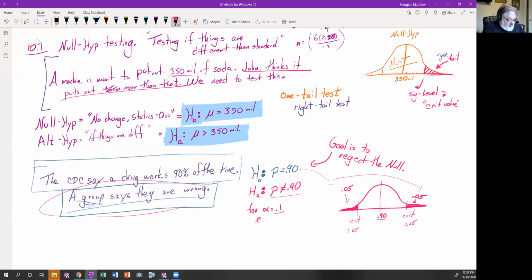So if this group is going to say that the null hypothesis should be rejected, they've got to go test that.